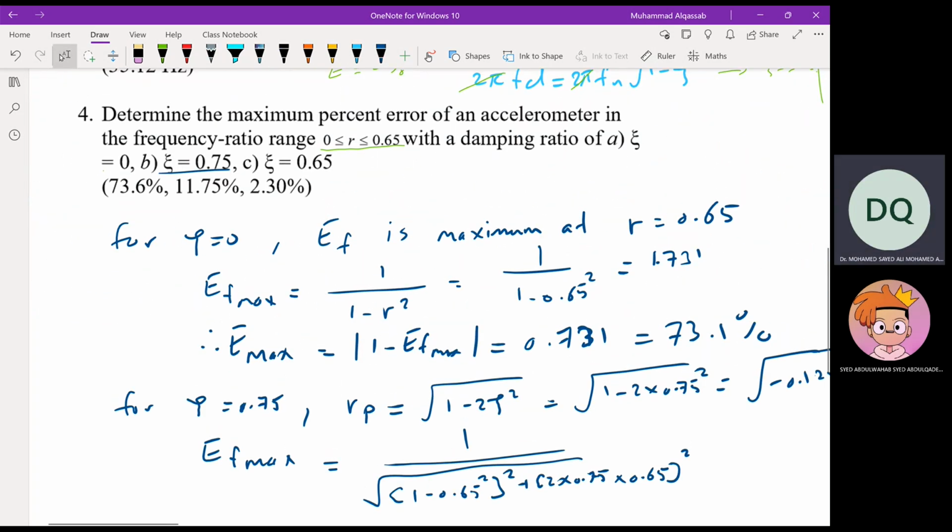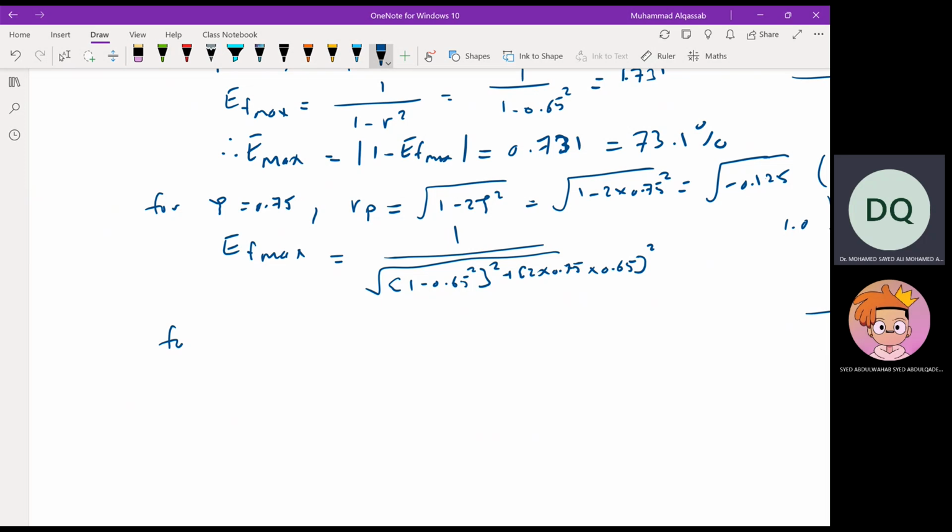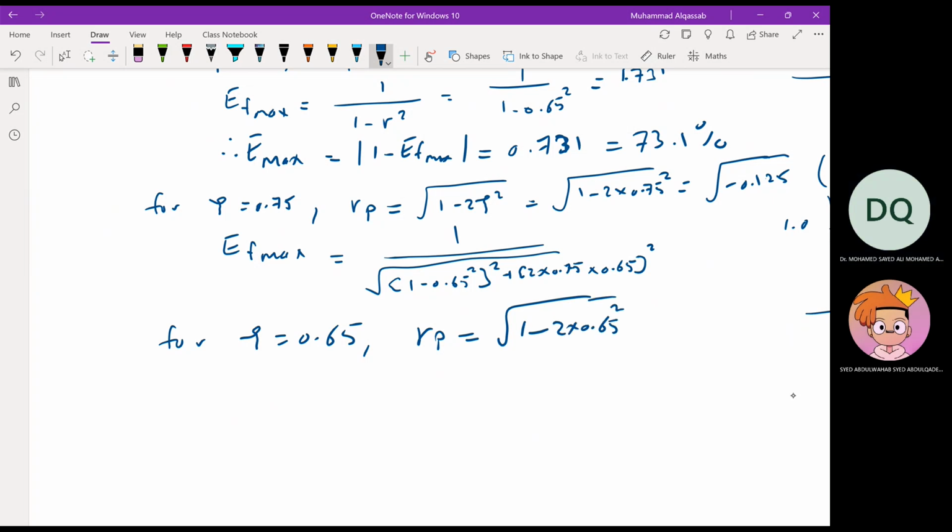Part C, zeta equal to 0.65. It has a peak, because when you check R peak, it is the square root of 1 minus 2 times 0.65 squared. Zeta is 0.65, and this value, 1 minus 2 times 0.65 squared, is 0.155, and in the square root, 0.3937.